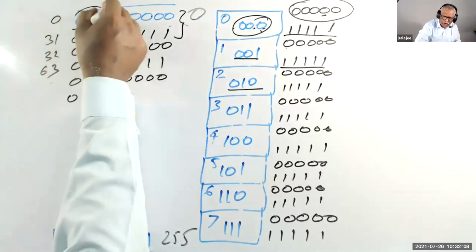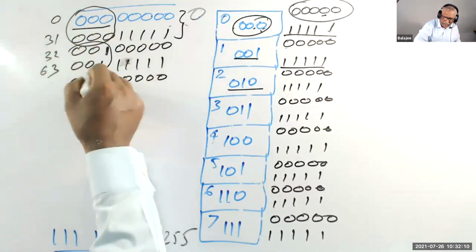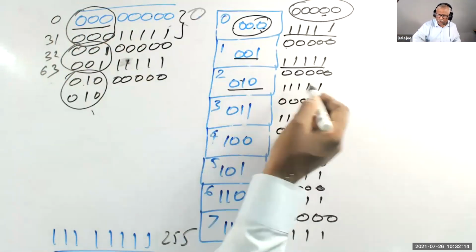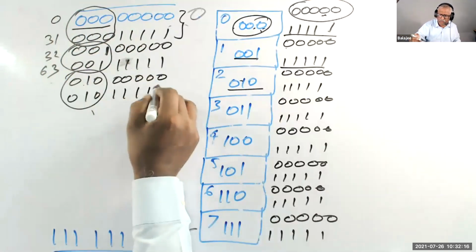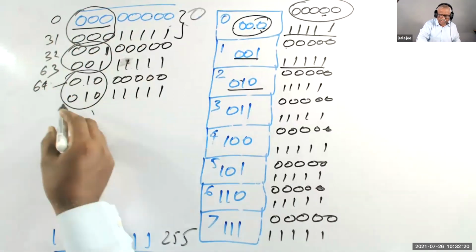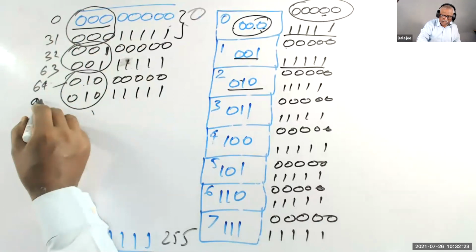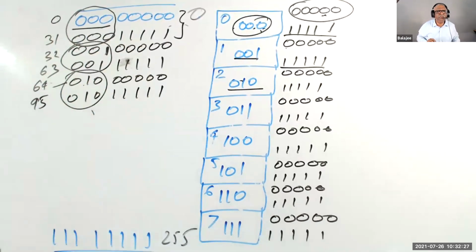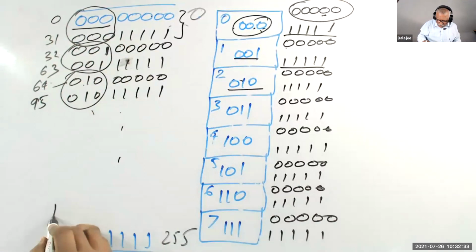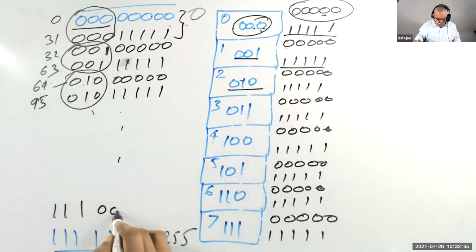This part is common for the entire notebook. Then 1 1 1 1 1. This is 64 and this is 95. That's the way it goes. Finally it goes to 1 1 1 0 0 0 0 0, and then 1 1 1 1 1 1 1 1.